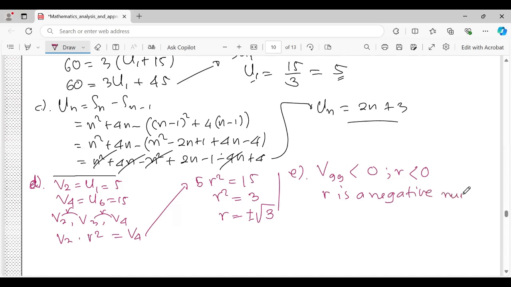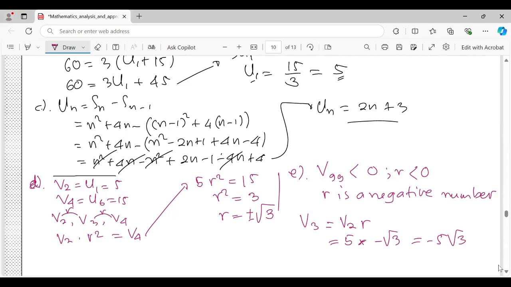So V3 equals V2 multiplied by R. So 5 multiplied by minus root 3, minus because ratio is negative. So it becomes minus 5 square root 3.